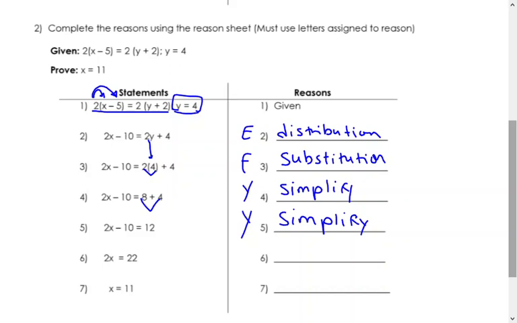To get from step 5 to step 6, what we did was we added 10 to both sides. That's how we got 2x is 22. So when we add to both sides, that would be the addition property.